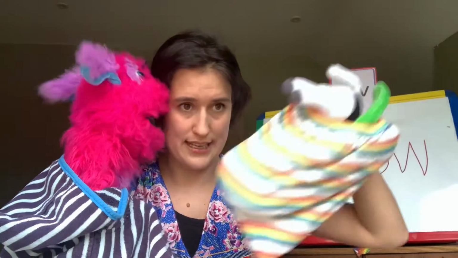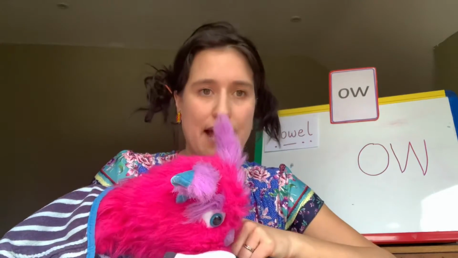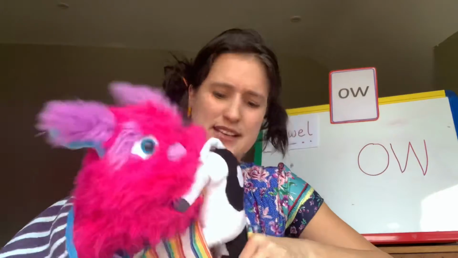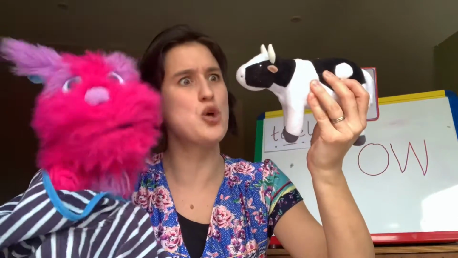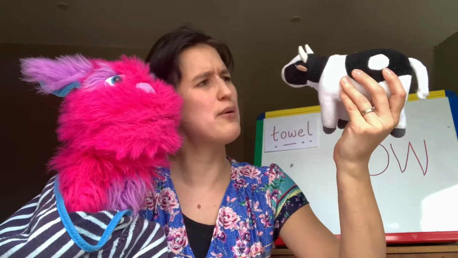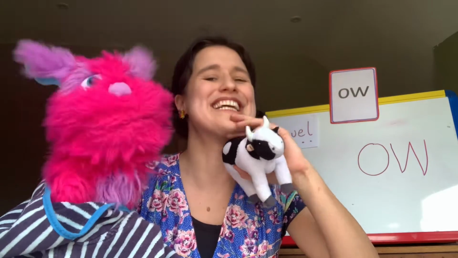Alfie has got a bag here with some other things that he's been playing with. What is this? It is a toy cow. What does cow begin with? Can you hear? Well done. Cow.